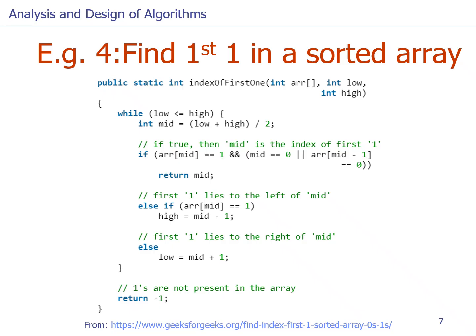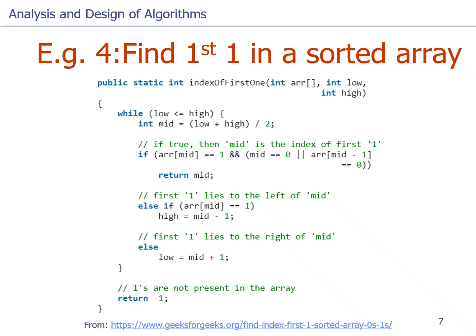But I have found a 1, and since the first condition failed in the previous if statement, array of mid minus 1 is not equal to 0. Because the first condition was checking if array of mid equal to 1 and array of mid minus 1 equal to 0.